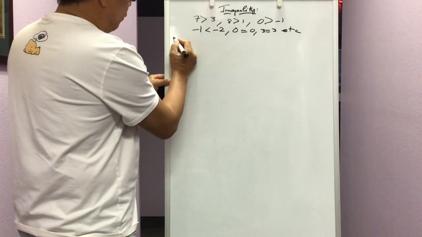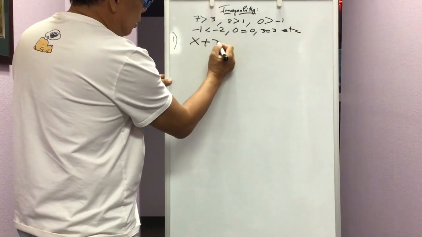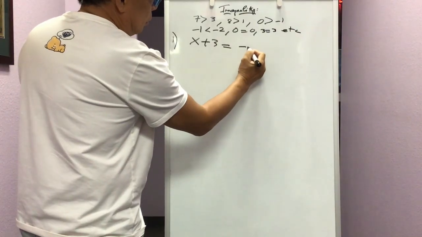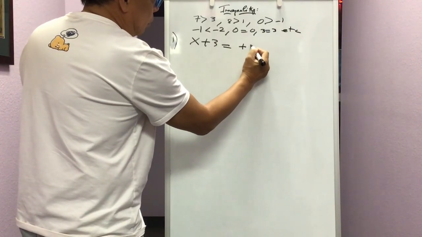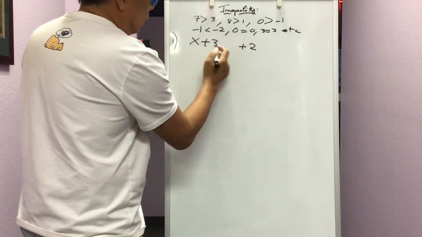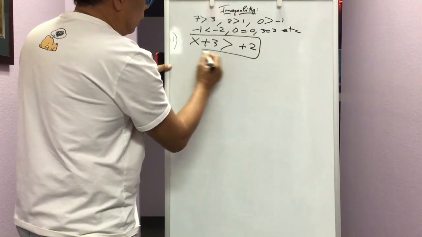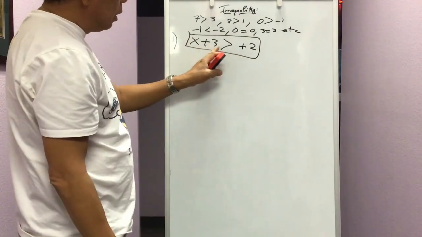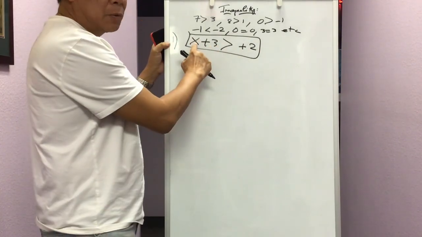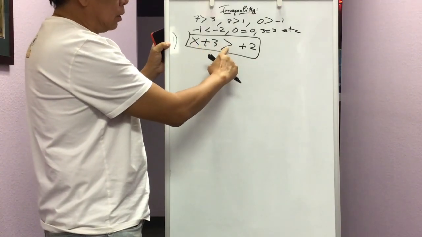For the first example, we have x plus 3 greater than 2. This is an inequality, and since it has one variable, it is called a one variable inequality.